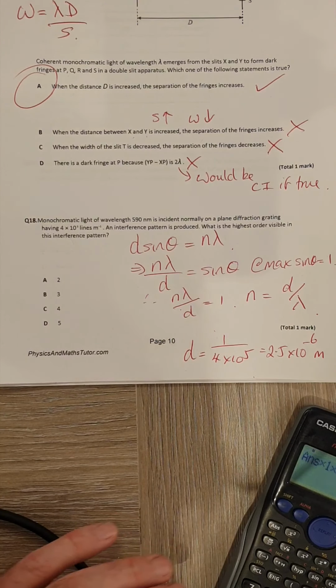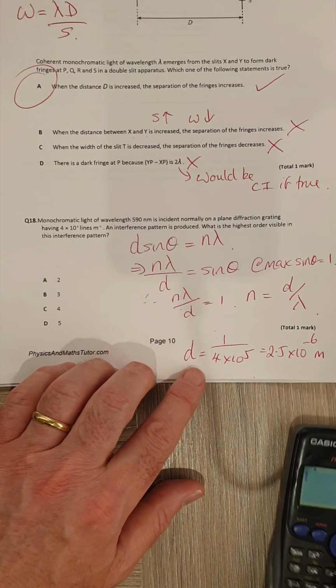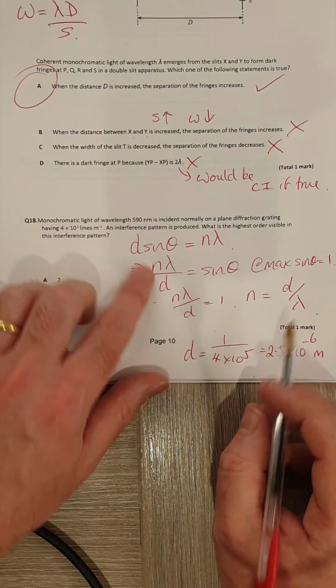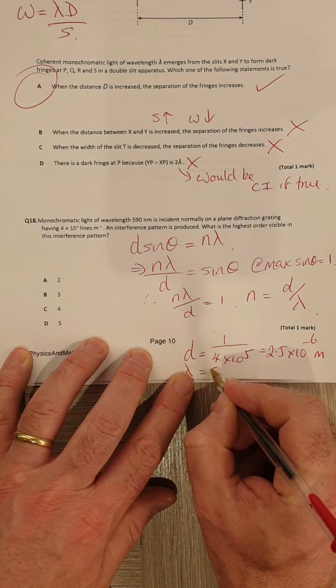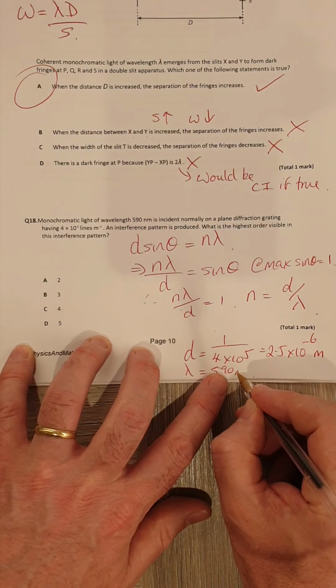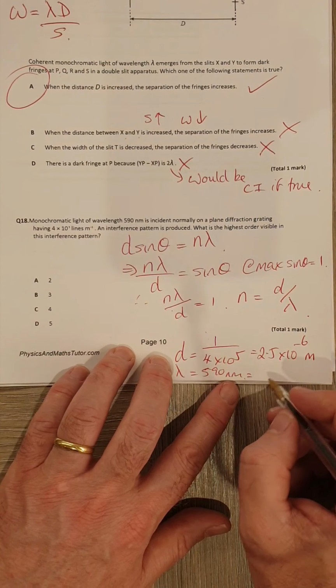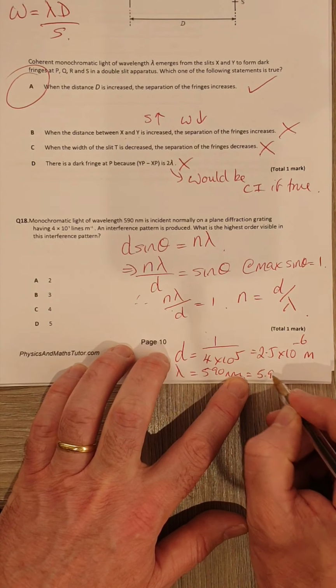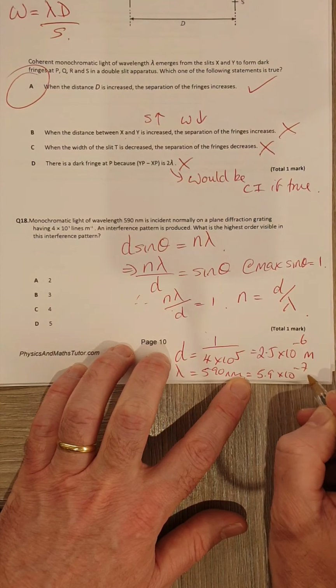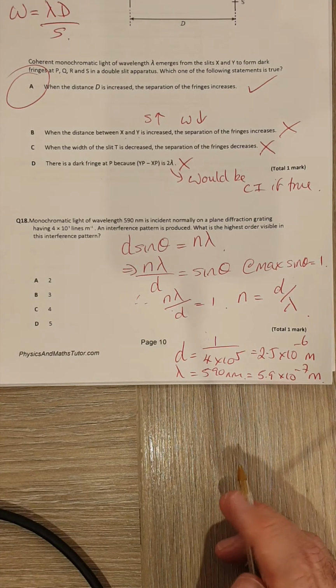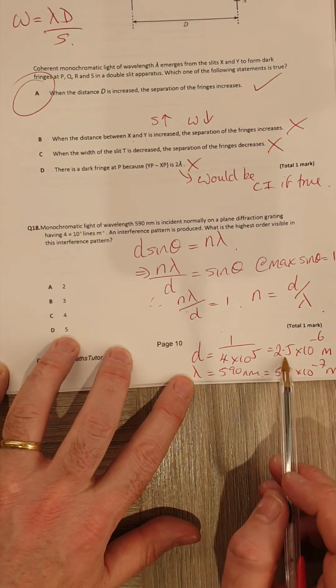And then we have the wavelength, we're told is 590 nanometers, so that's equal to 590 by 10 to the minus 9, so that's 5.9 by 10 to the minus 7 meters.